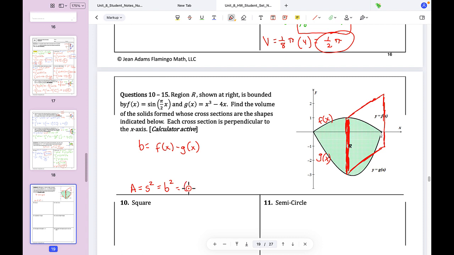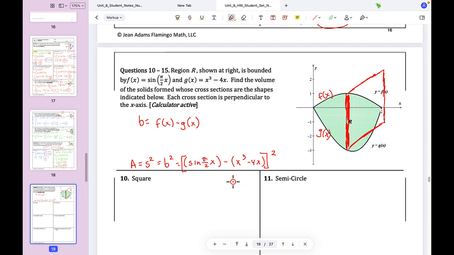So this is going to be sine of pi over 2 x minus x cubed minus 4x, right? That's our b squared, okay? So our volume is going to equal the integral. It's perpendicular to the x-axis, so we're looking at it in terms of x, from 0 to 2.